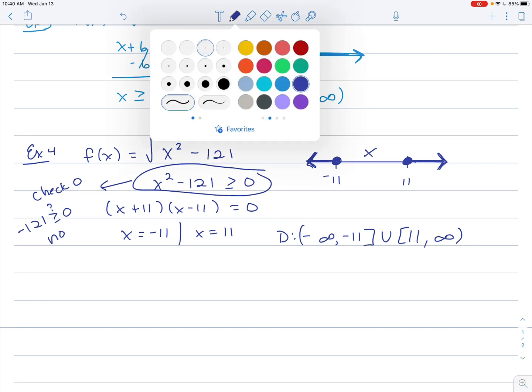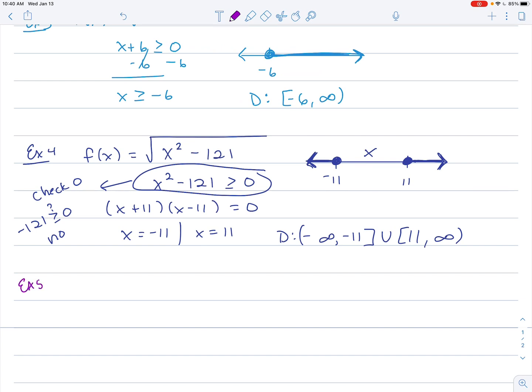And then, of course, the last thing that can happen is when you get a radical in the denominator. Now, the numerator doesn't matter. The numerator could be a number, it could be an x, it doesn't matter. But once you have a radical in the denominator, now you have to worry about it not only being positive, but it also can't equal 0.